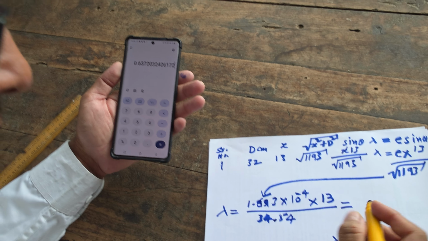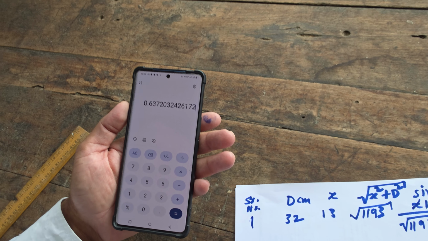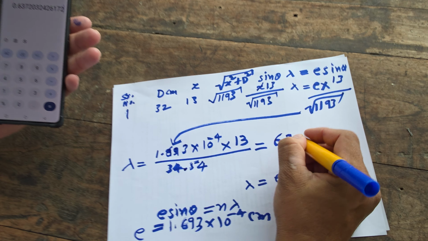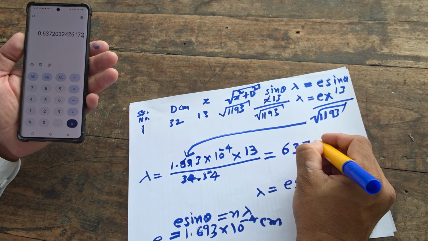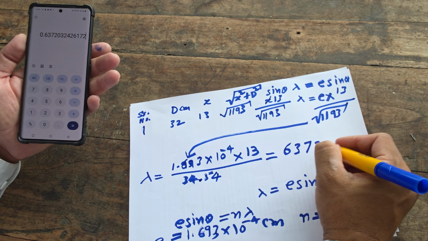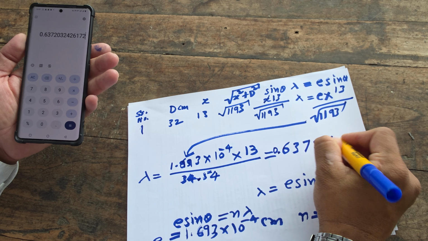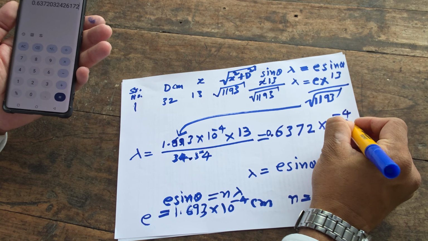So it comes out to be equal to 6372, with a point here, multiplied by 10 raised to power minus 4 centimeter.